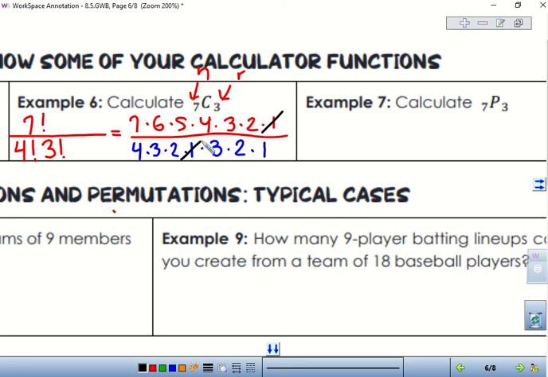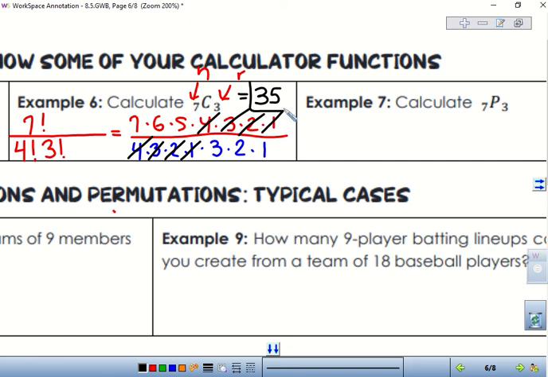I can cancel out the 1s, the 2, the 3, and the 4s, which leaves me with 7 times 6 times 5 divided by 6, which is 35, I believe. So this comes out to be 35.